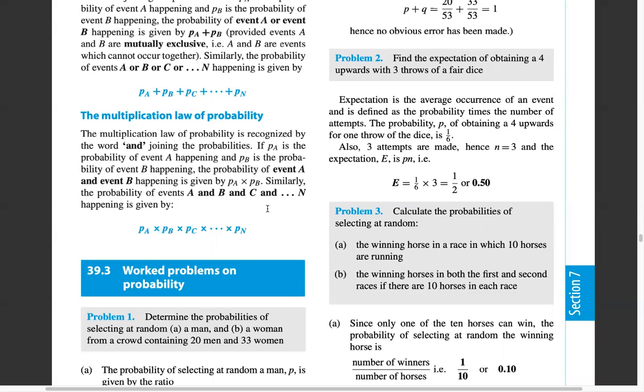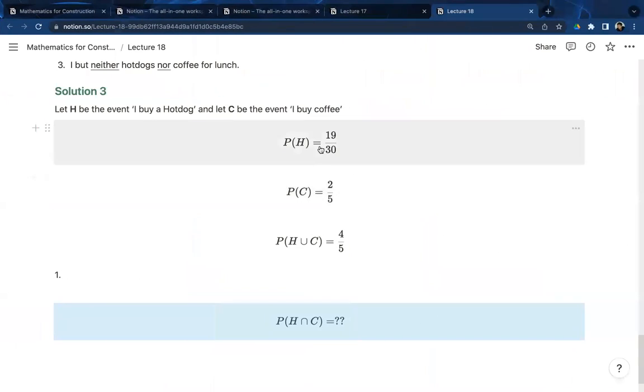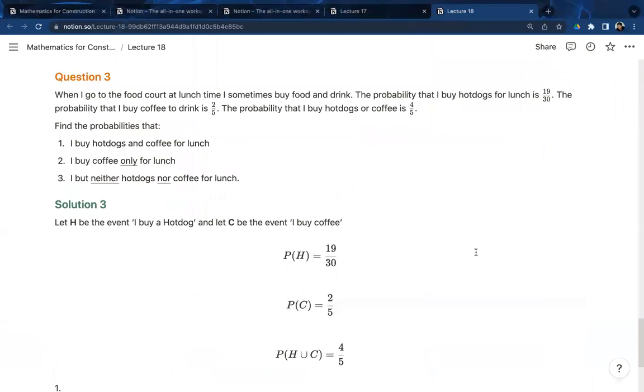As I said, this book is not so great. You can't multiply H and C to get H and C because we were not told if these events were independent or not. They might be dependent. Me buying coffee might be affected by my decision to buy hot dogs and vice versa. You never know, the events could depend on each other in some way.